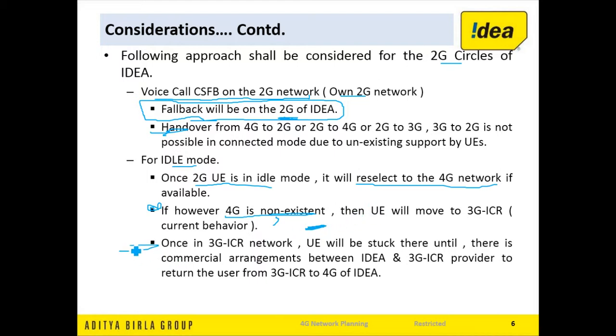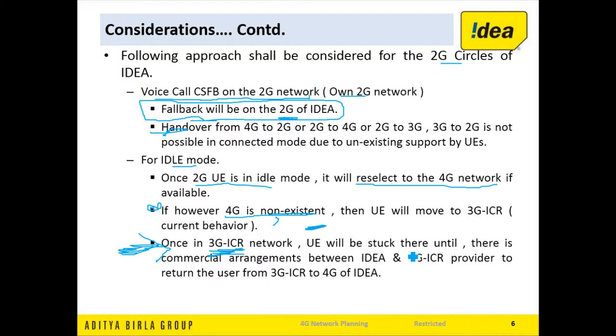Now there is one important aspect to look at, which we have highlighted before also: in our 3G circles, once the user moves into the 3G network of the partner, he will be stuck there, because the 3G network has not defined any configuration for Idea's 4G. We carried out a lot of testing with Airtel on this in Punjab and Maharashtra, and we demonstrated that by deploying features it can be done.